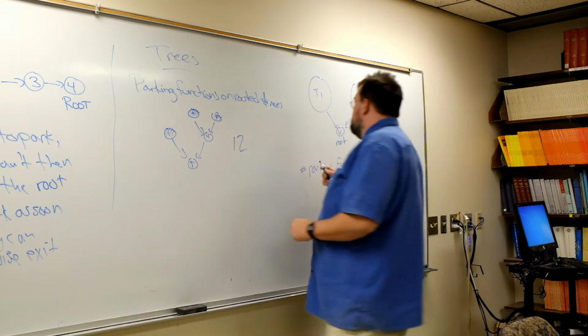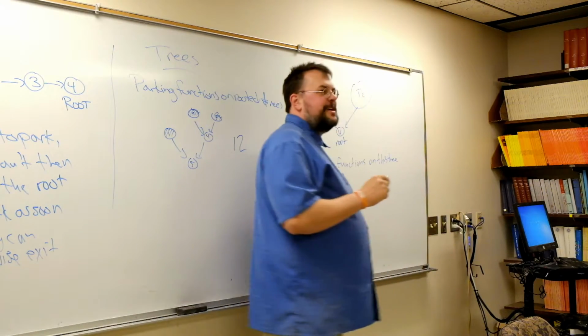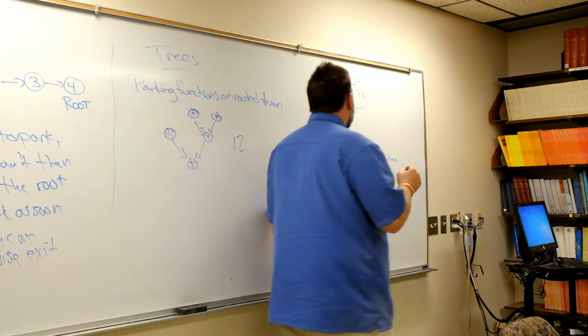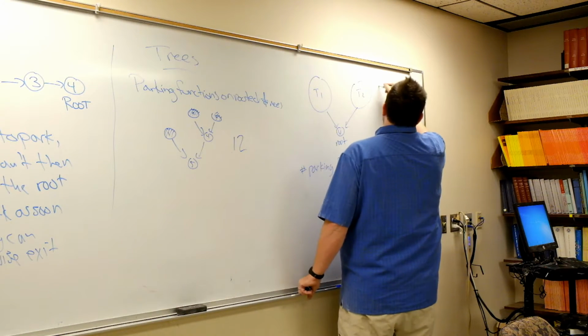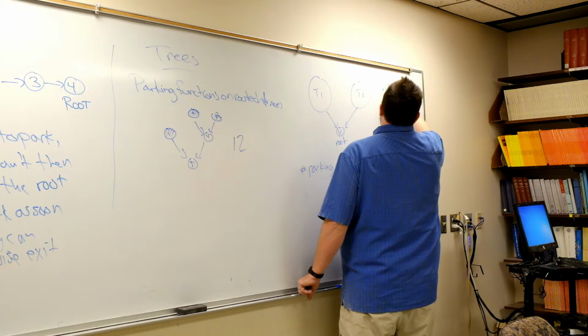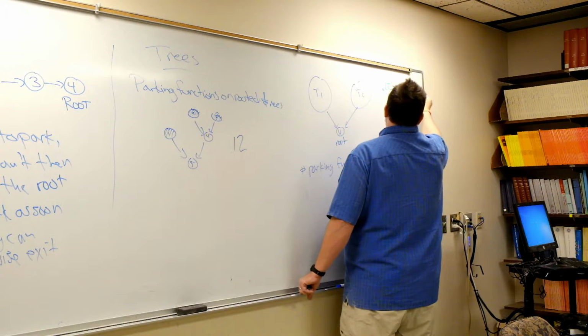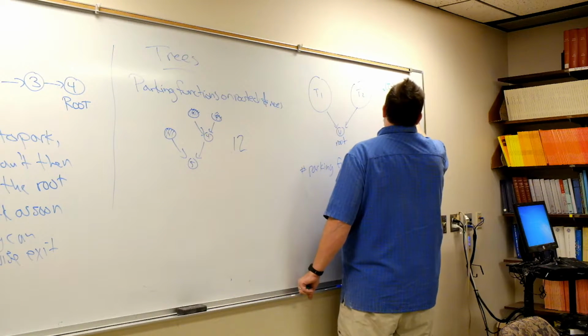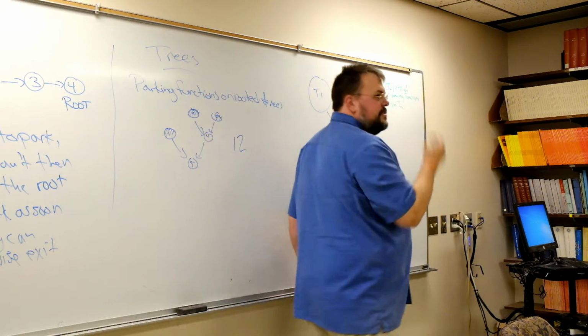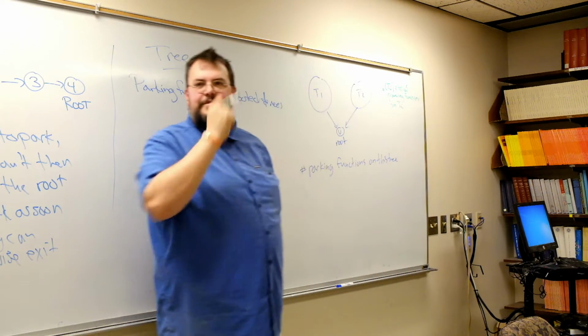So, for reasons which will become clear in just a moment, I'm going to let P0 of Ti be the number of parking functions on that tree. And unfortunately, just knowing that number is not enough.